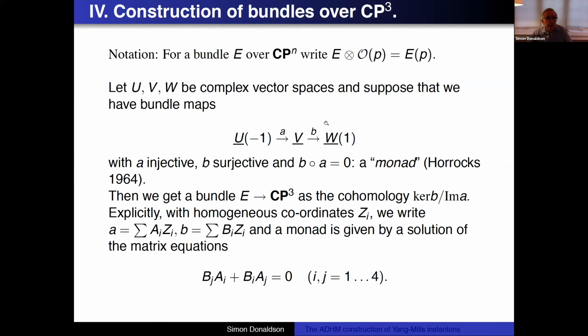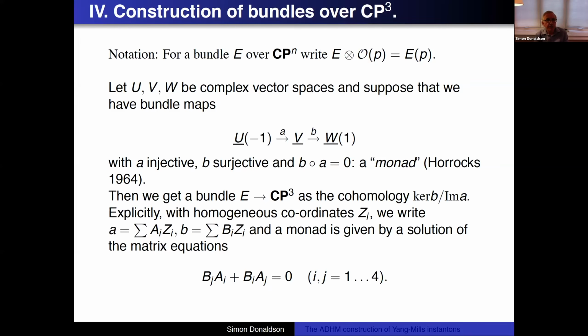So supposing we have holomorphic bundle maps, from the twist of U by minus 1, we have a map A to the trivial bundle with fiber V, and then we have another map B to the twist of W by 1. And let's suppose A is everywhere injective, B is everywhere surjective, and the composite of B with A is 0. Such a thing is called a monad.